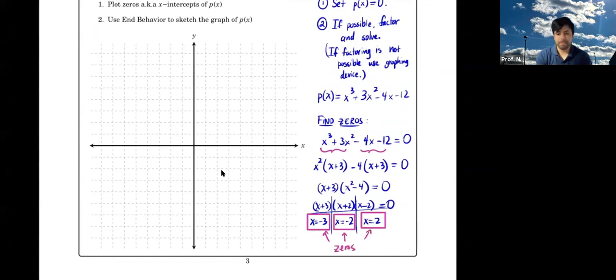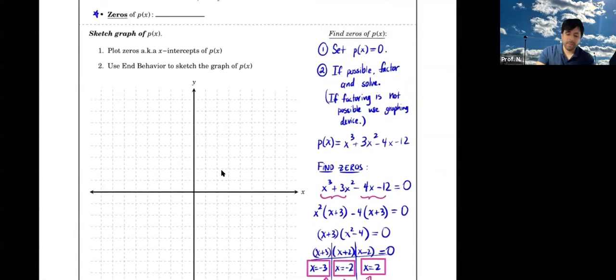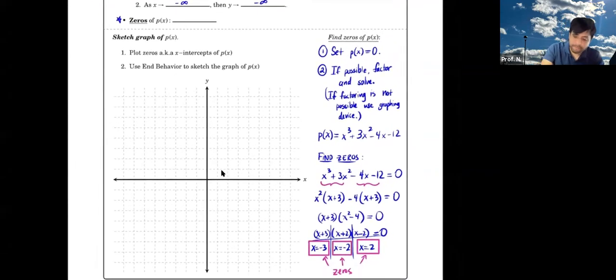We got them. So then we write it up here. What are the zeros? I usually write them as a set. So the zeros are negative 3, negative 2, and 2. Those are my zeros.